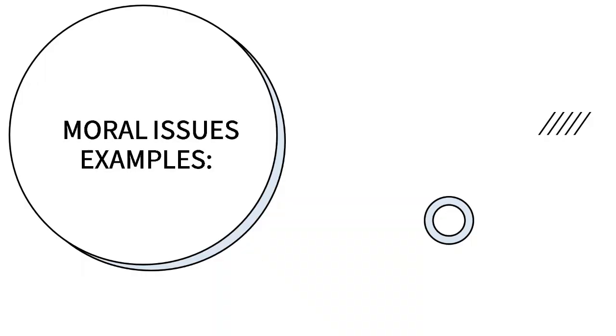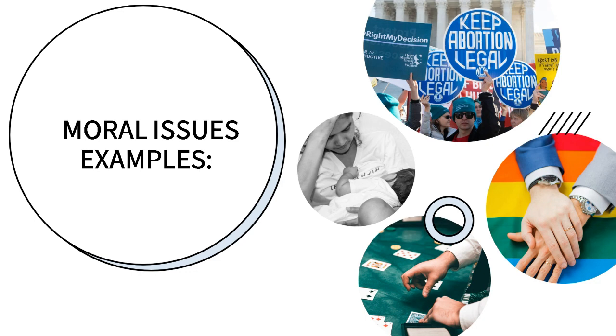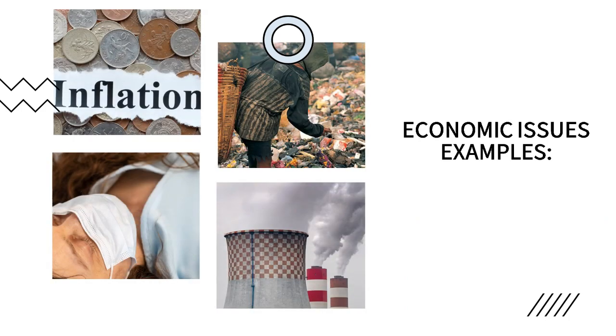The examples of moral issues are gay marriage, stealing, abortion, teenage pregnancy, illicit affairs, gambling, graft and corruption, prostitution, and a lot more. And for the economic issues, these are the examples. We have poverty, inflation, environmental issues, and health issues.